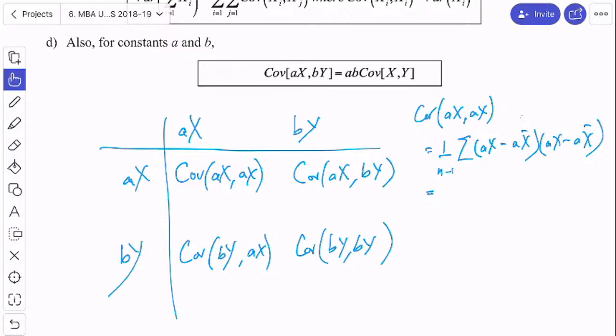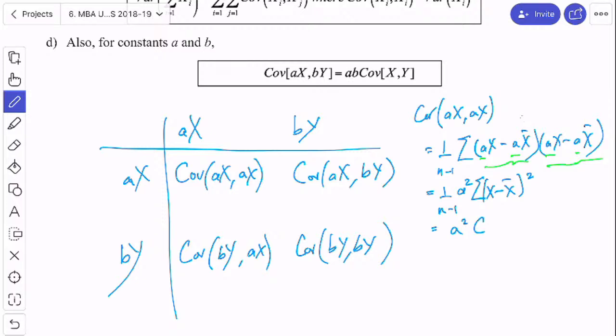So isn't it true that I can take that A out of there? And aren't these just the same thing? So really, doesn't this reduce to... isn't that true?